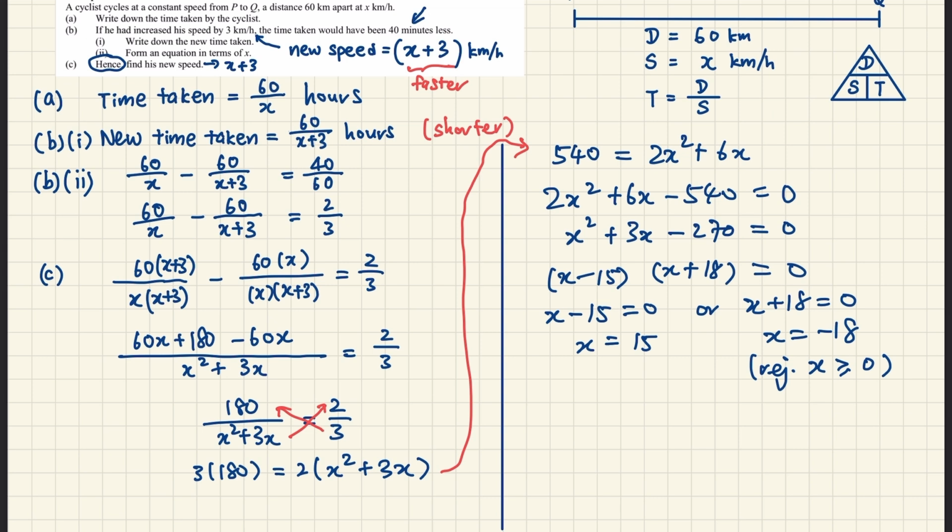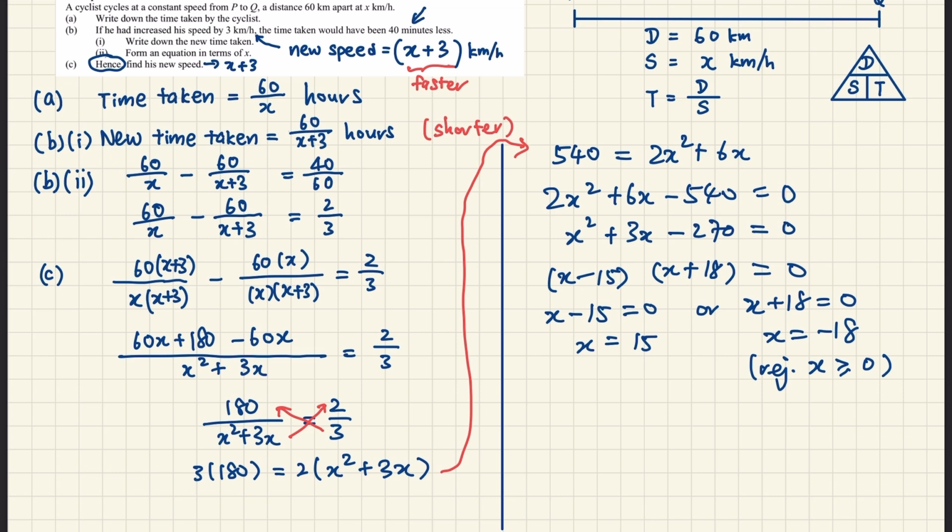In some questions, if the question just asks you to solve the equation, then you don't really need to reject it. In fact, you shouldn't. If the question just says solve, hence solve the equation, for example, then they are just interested in you solving for x as a numerical value, so you do not need to reject it.